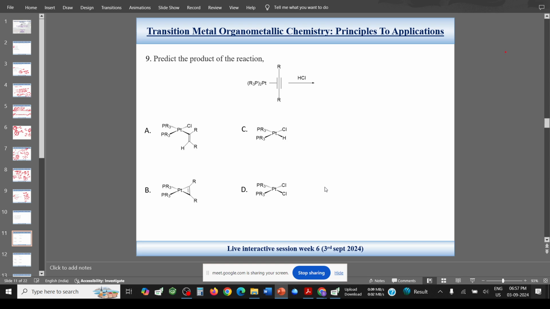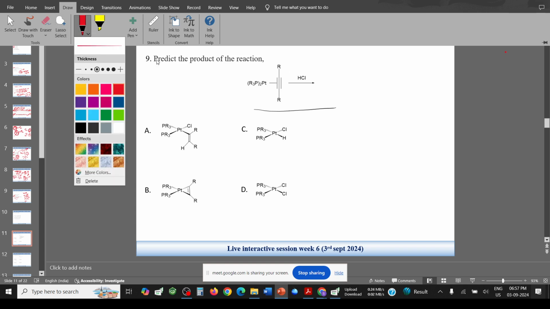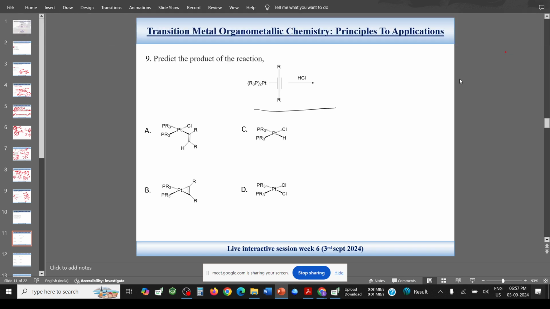Option A, sir. Yes. The product of the reaction is, with this reaction, so here it is a kind of transition.